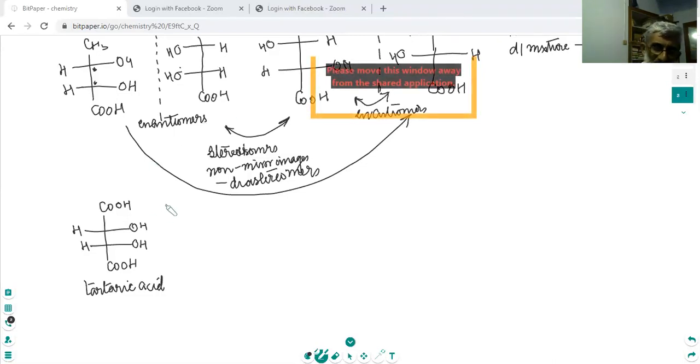Simple. So let me draw myself. You can check your answers. It is simple. I'm drawing the mirror images.